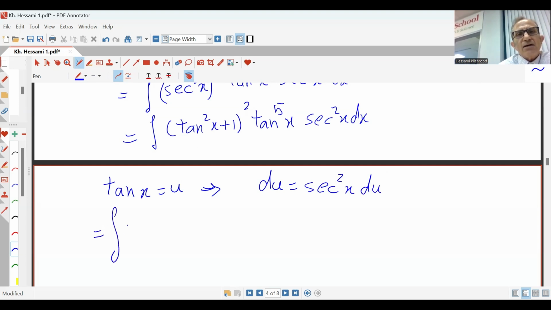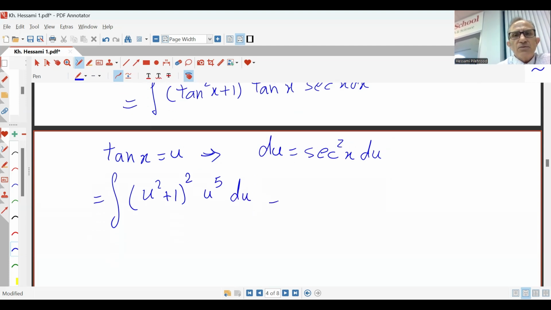And our integral becomes u squared plus 1, to the power of 2, u to the power of 5 du. If we raise the power of 2, it will be u to the 4 plus 2u squared plus 1 times u to the power of 5 du.